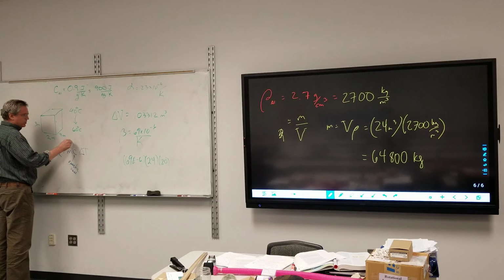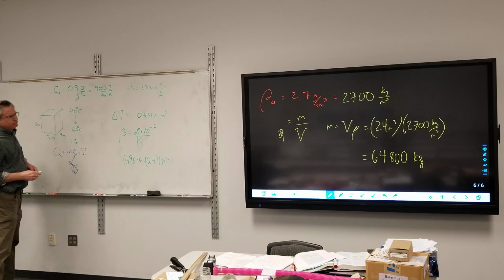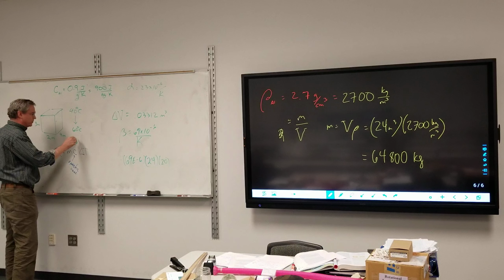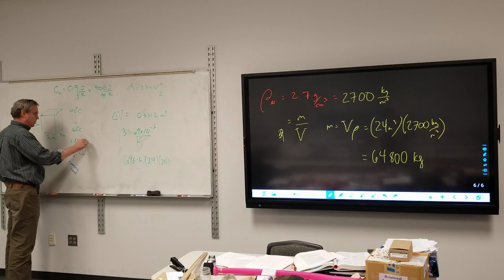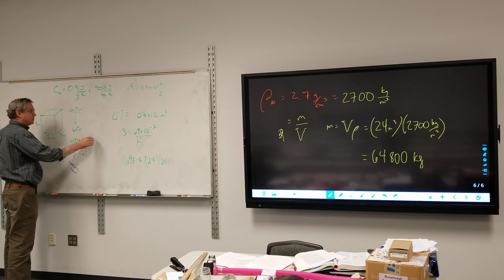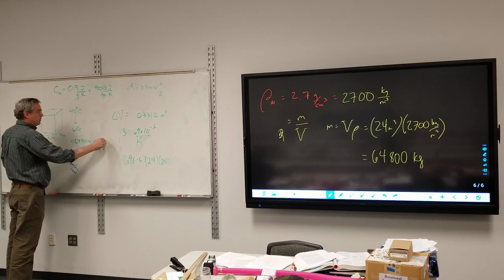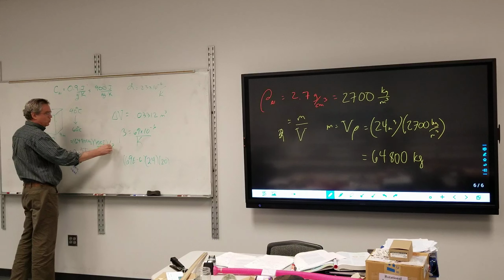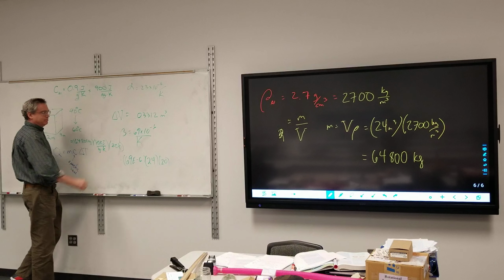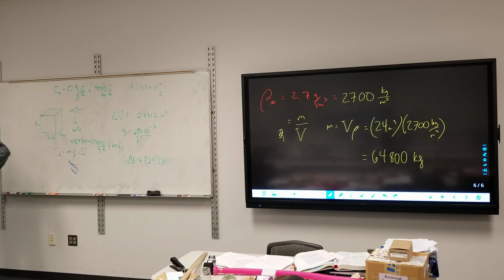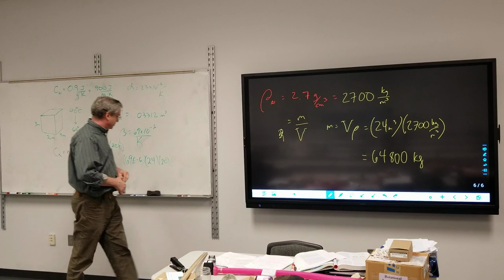So the amount of energy would be 64,800 kilograms times the specific heat of 900 joules per kilogram Kelvin times 20 Kelvin.